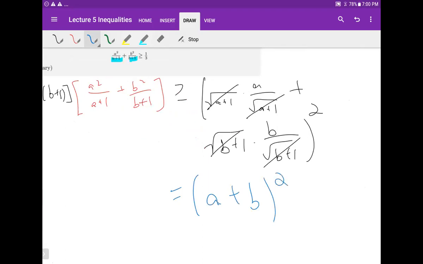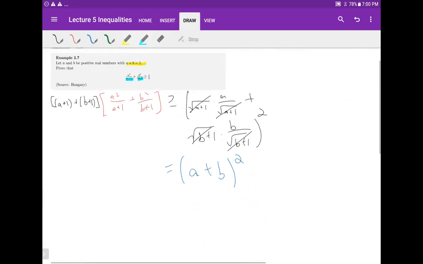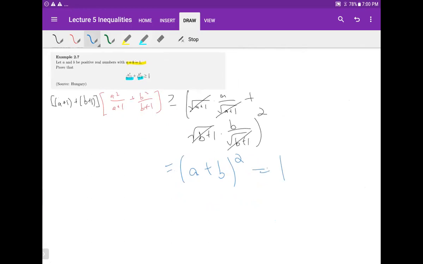They gave us that A plus B is equal to 1, so this is just 1. And then A plus 1 plus B plus 1 is equal to A plus B plus 2, so that would just equal 3.